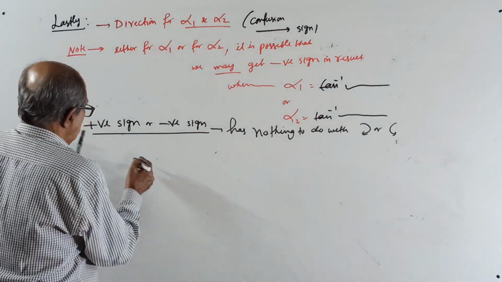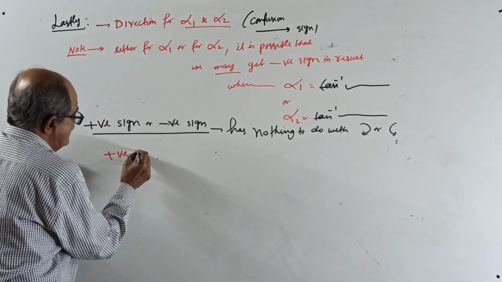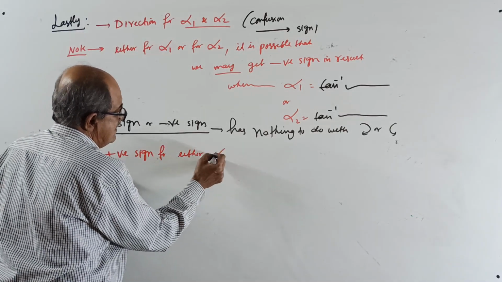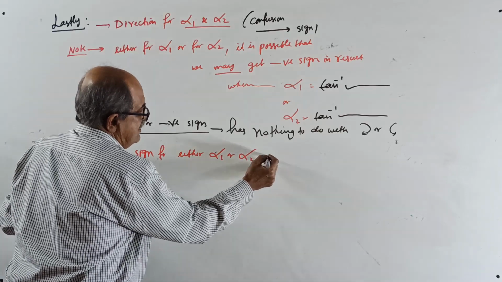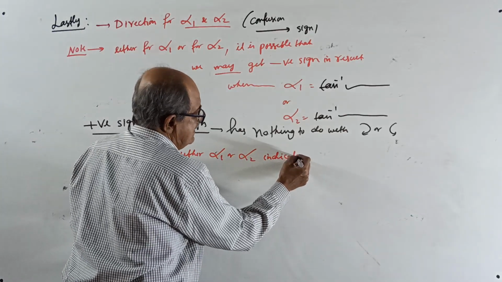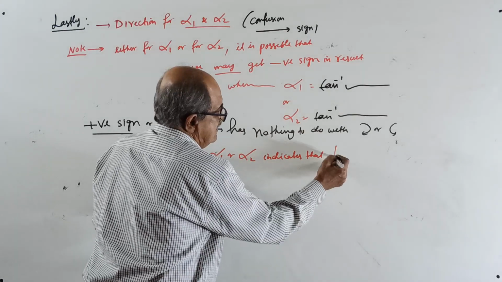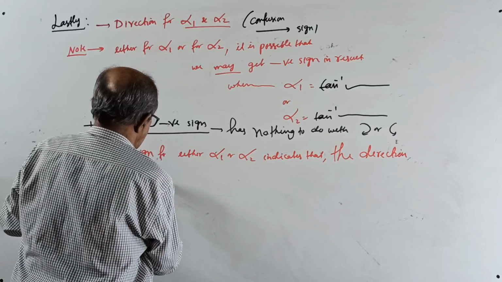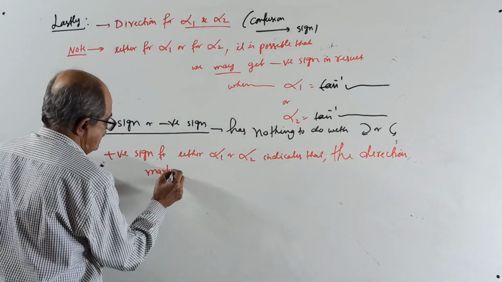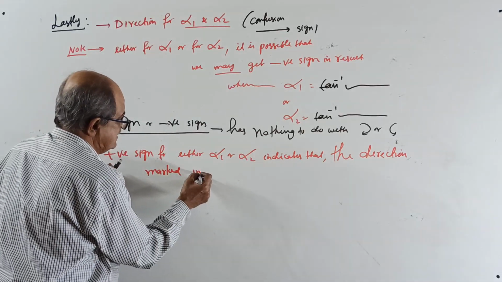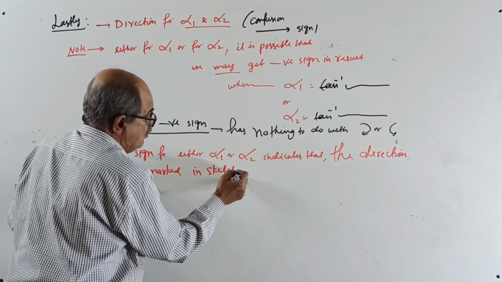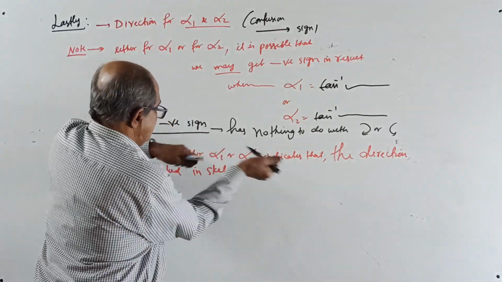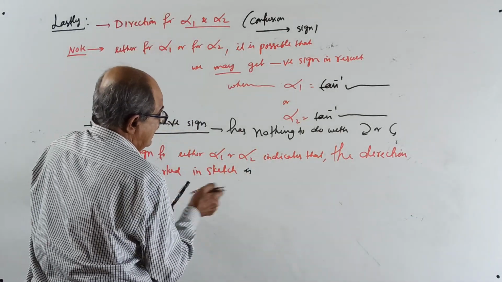Now remember, a positive sign for either alpha 1 or alpha 2 indicates that the direction marked in the sketch is correct. In the sketch means before you calculate alpha 1, alpha 2, the marking you made.